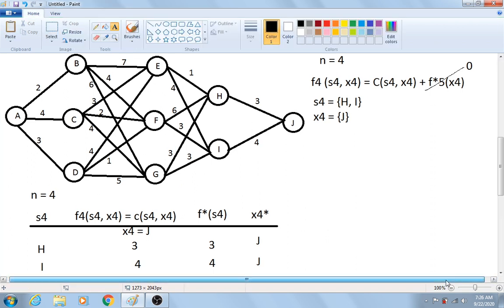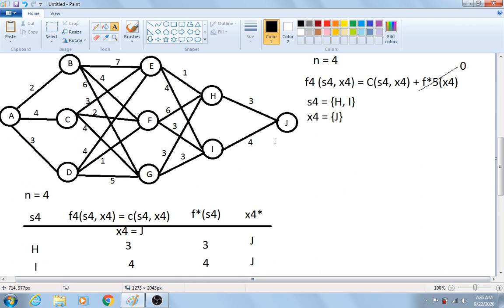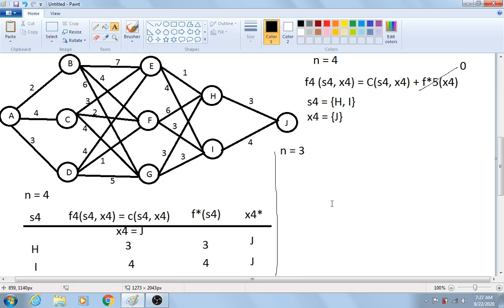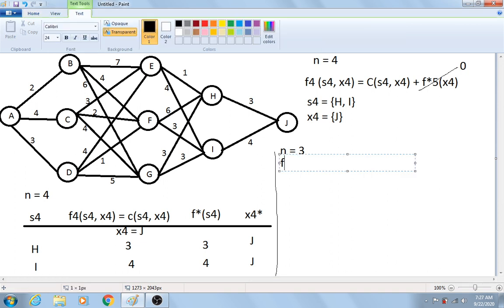Now let's continue for n equal 3. I will put it over here. So we will do for n equal 3. So what is our cost function for n equal 3? It will be f3.